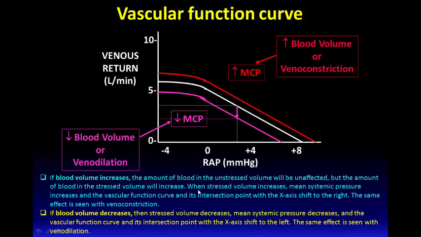Thus, if the blood volume decreases, the stressed volume decreases, and the mean systemic, the mean circulatory pressure decreases, and the vascular function curve, the venous return curve, and its intersection point with the x-axis shift to the left. The same effect is seen when the veins undergo venodilatation and the venous capacity increases.